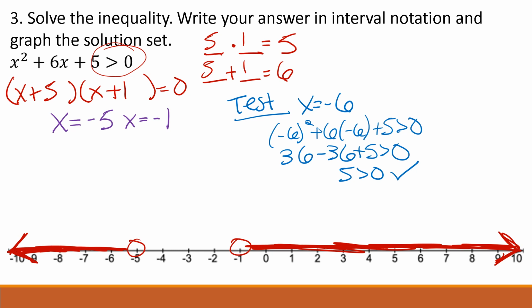All right, so then we also want to do our interval notation. It's coming from negative infinity, right? All those negative numbers up until the -5. Am I going to have a bracket or parentheses around the -5?